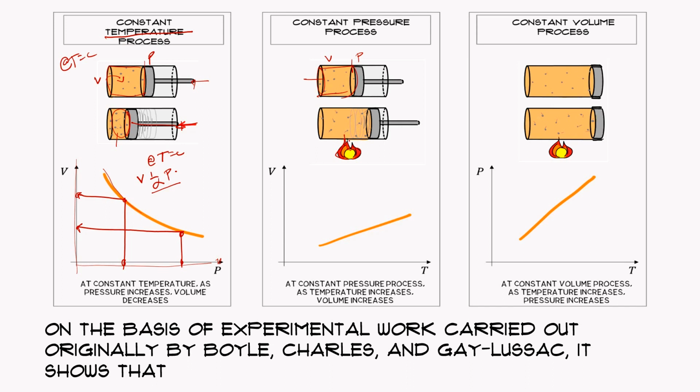Because gases expand, the molecules will be more energetic. So it will try to push this piston, and assuming we have a freely moving piston, then the volume has to expand.